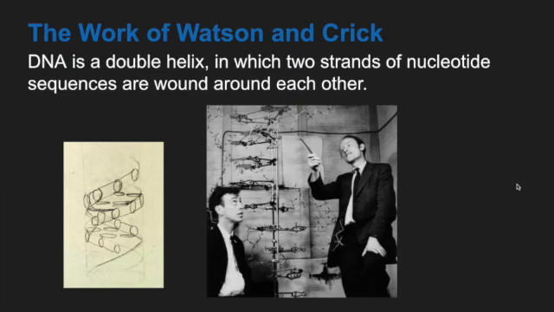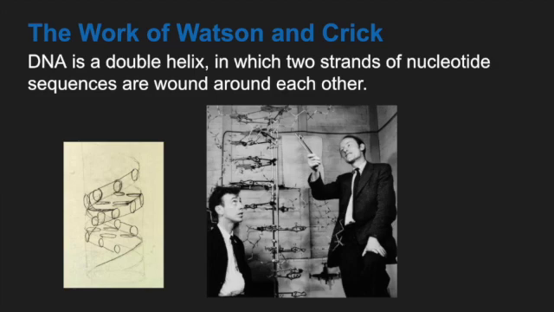Rosalind Franklin's work was then taken by Watson and Crick, and it was these two who put together the information to determine how exactly the two strands of nucleotide sequences wound around each other to form this kind of twisted ladder.